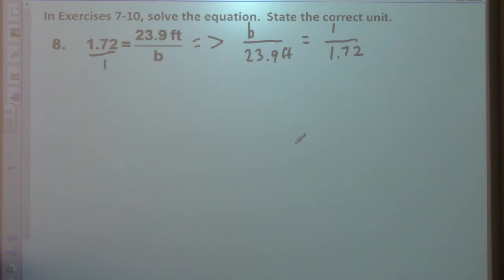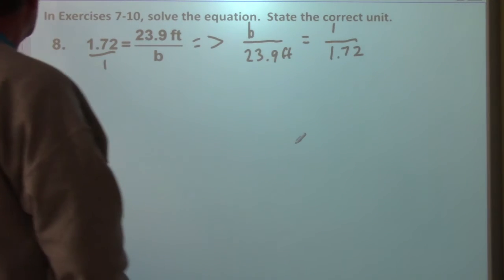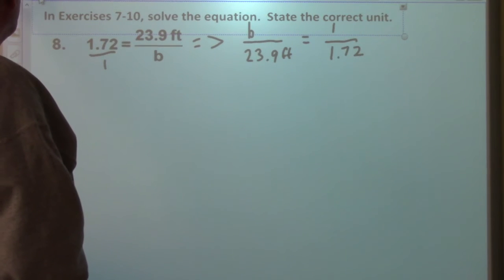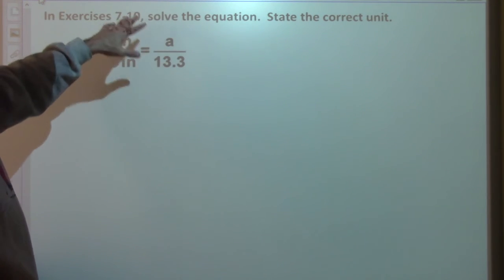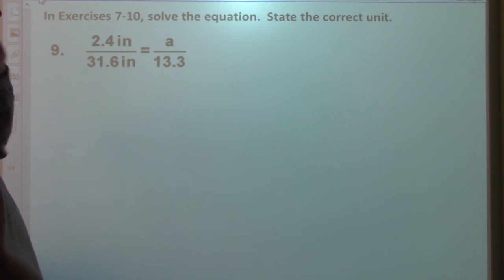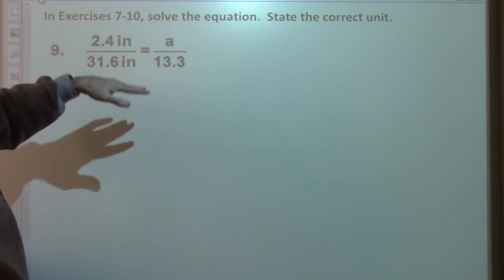One reason these exercises are set up the way they are: you can have numbers that are unitless, and that's what 9 and 10 show you, right?